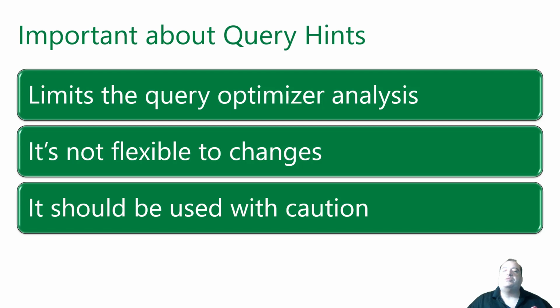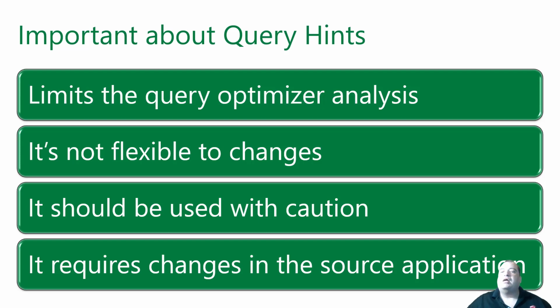It should be used with caution exactly because it's not flexible to changes and requires changes in the source application. The query is coming from the source application, so if you need to apply a hint in a query, you need to change the source application. These are the problems related to query hints.